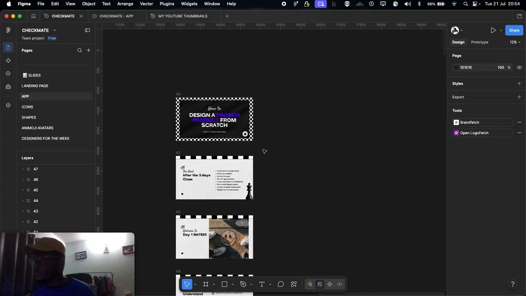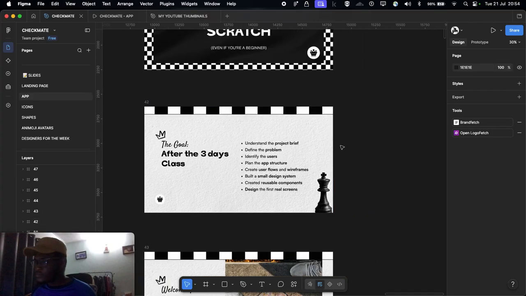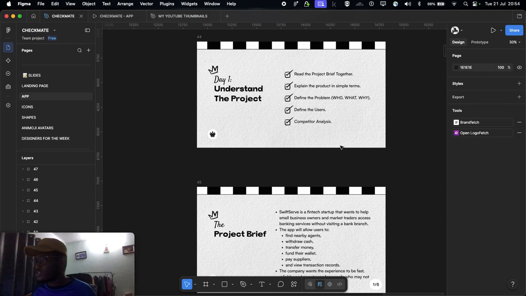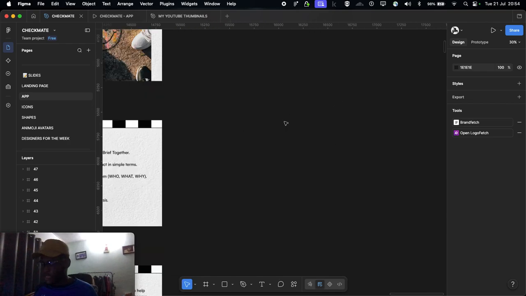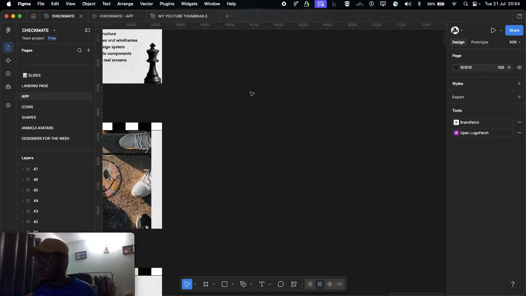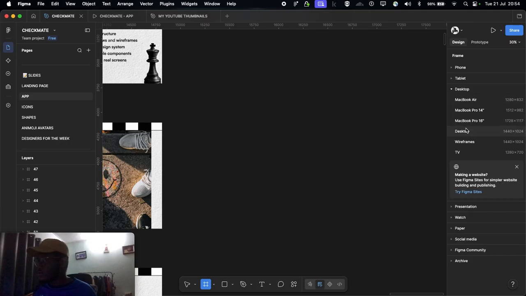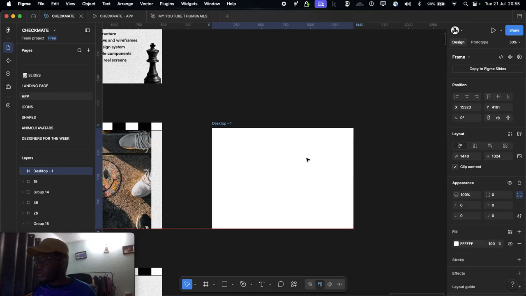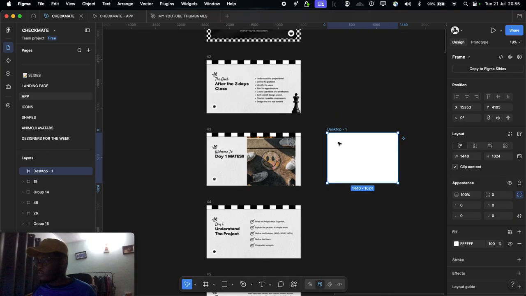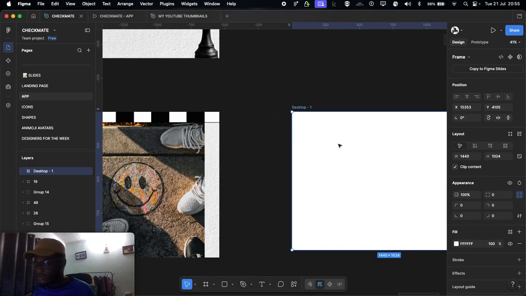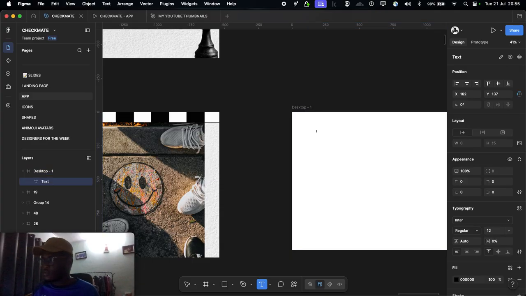Also, for the assignment, for how you're going to submit, you can create a frame like I've always done. Press the letter F, click on desktop, and then you can simply write. Use the letter T on your keyboard and write.